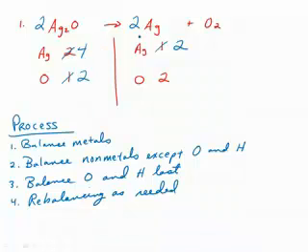I'm going to go back, and so now instead of a 2 over here, I'm going to make this a 4, which means I now have 4 here, and now they match. 4 silvers, 4 silvers. 2 oxygens, 2 oxygens, so now this is balanced. Okay? All right, so let's look at another example.